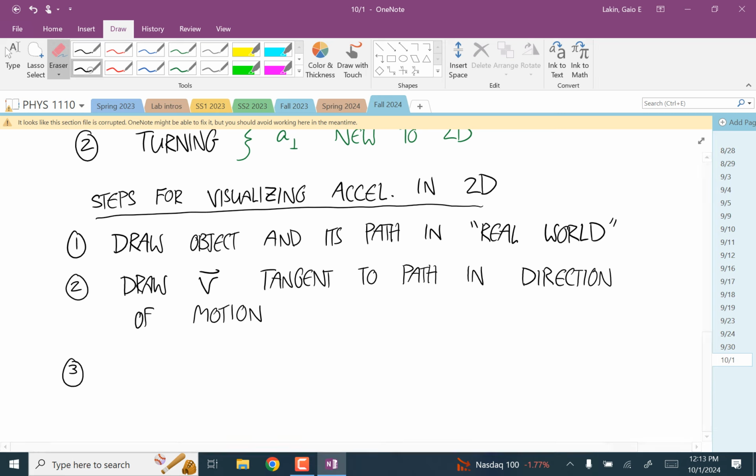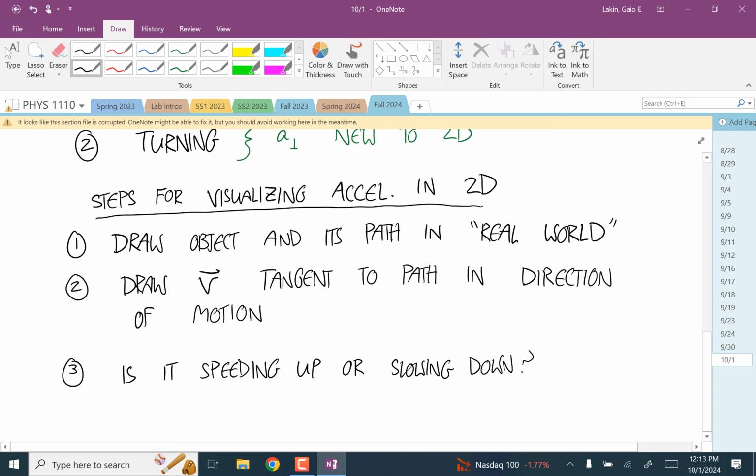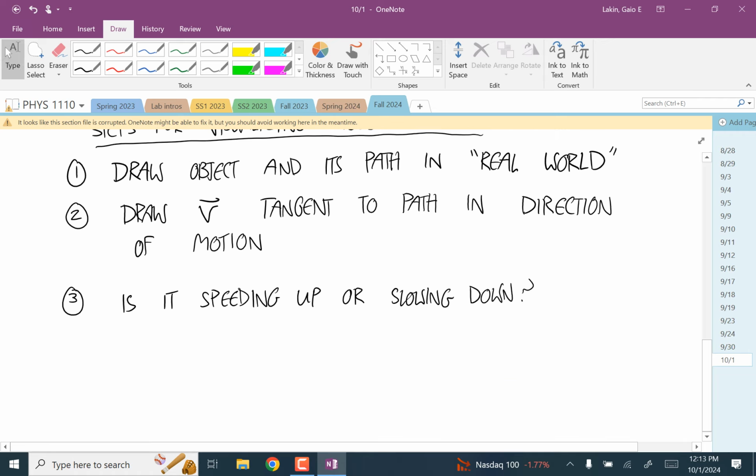Let me word it like that. So, is it speeding up or slowing down? If the speed isn't changing at all, then you can forget about this step 3. There's no part of the acceleration that's parallel to the velocity.